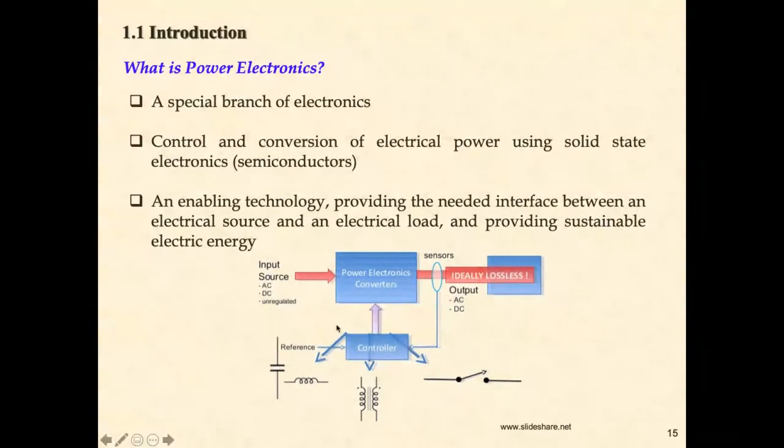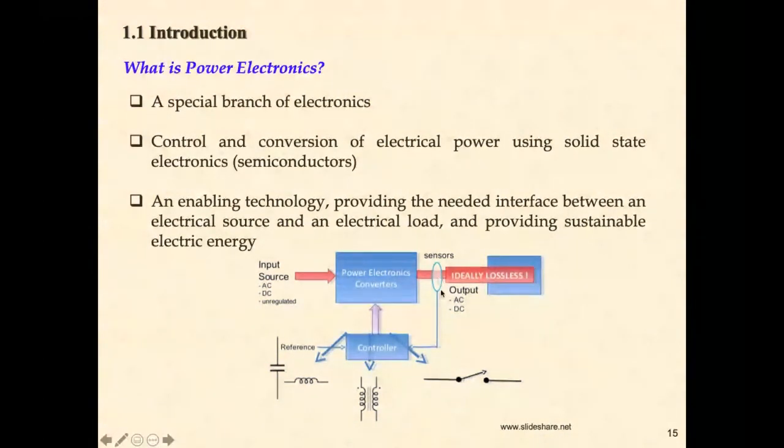Okay, this is the brief idea. I can give you the brief idea of the power electronics interface. The input can be AC, DC, or any signal. And then there will be power electronics converters, for example, DC-DC converter, AC to DC converter, etc. And then we will have our desired output, AC or DC, with the designated magnitudes.